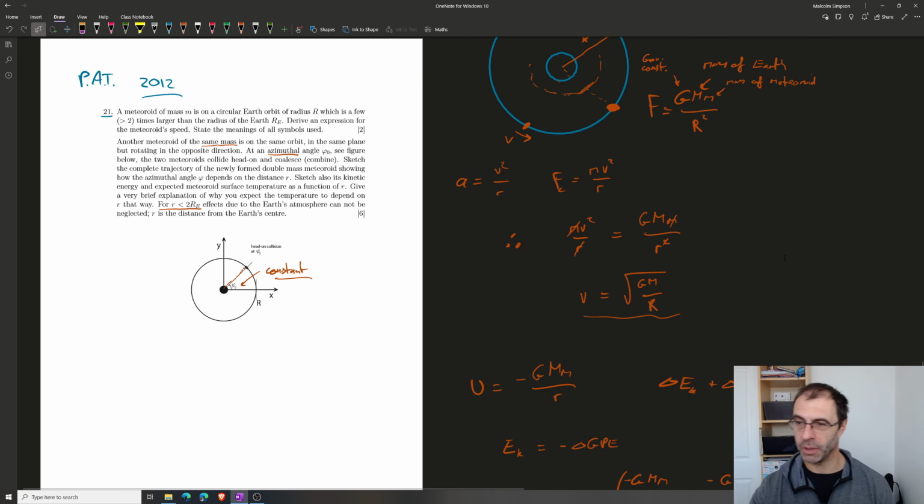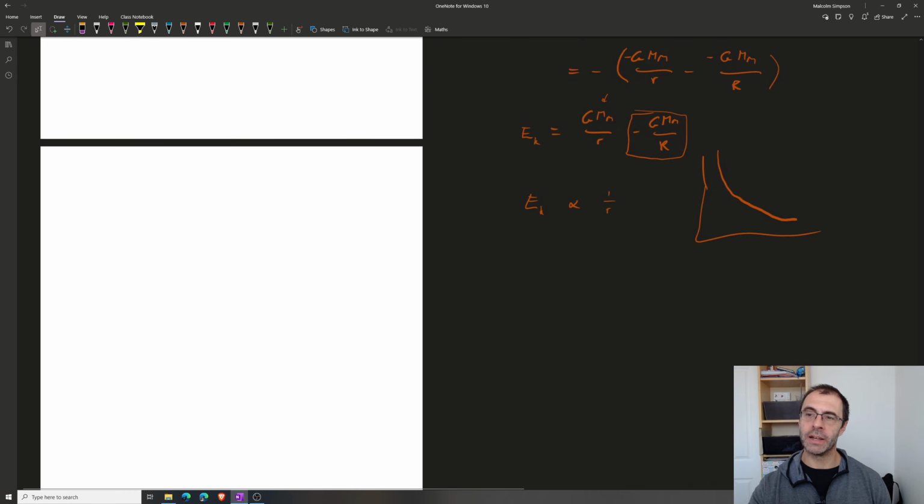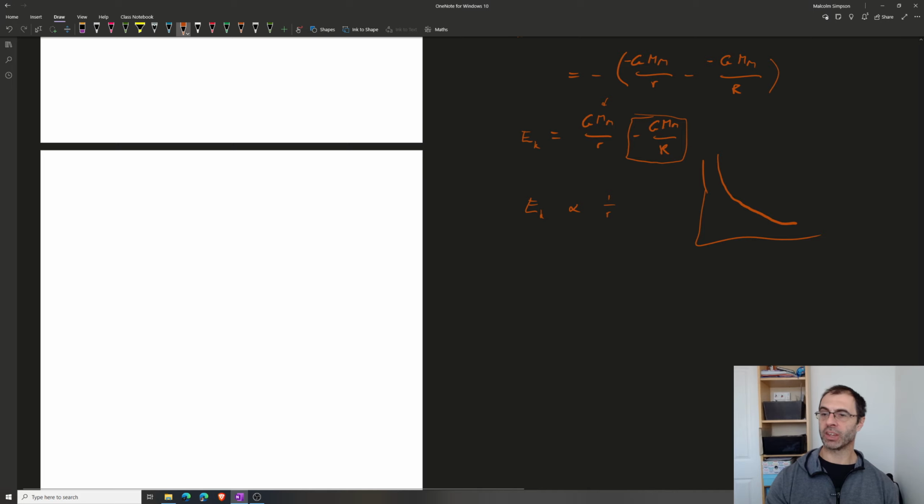That's pretty high up, 6,400 kilometers up. The Earth's atmosphere is pretty thin. So what we'll find is, rather than this kinetic energy increasing at this sort of increasing rate as r decreases, we start with 0 kinetic energy.